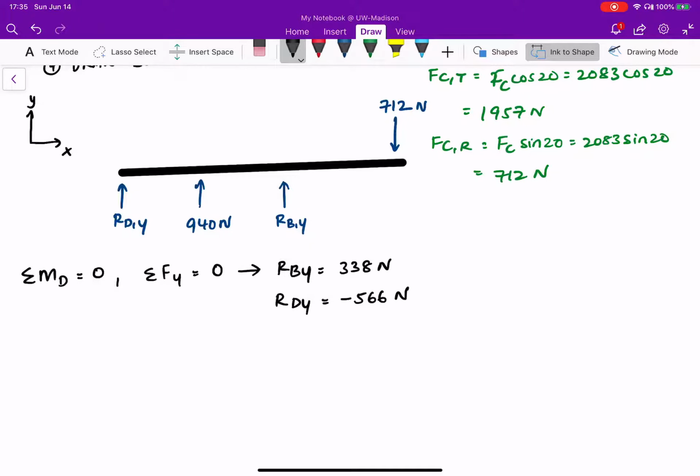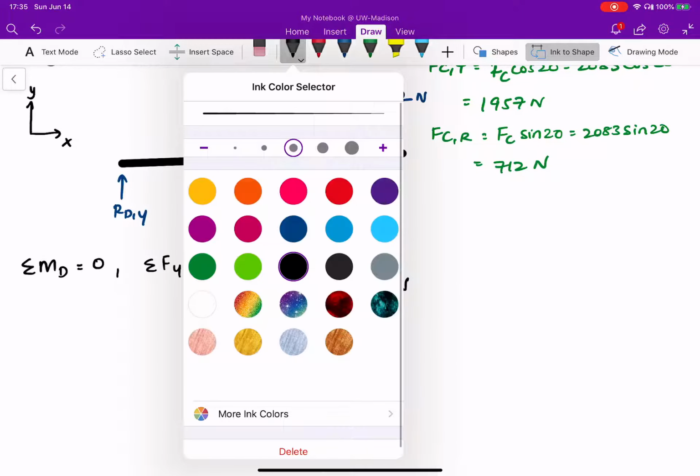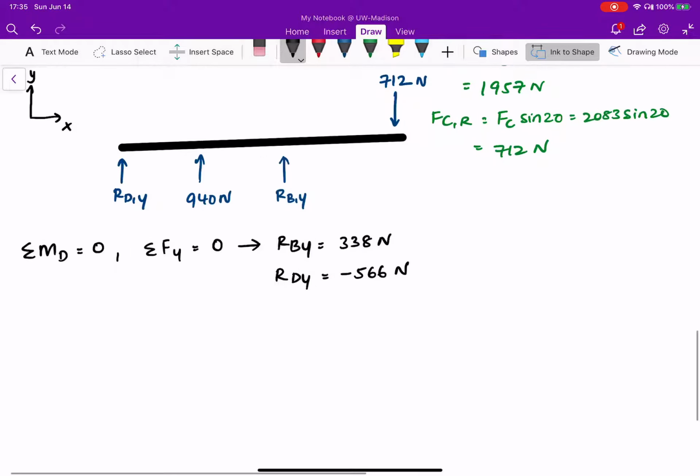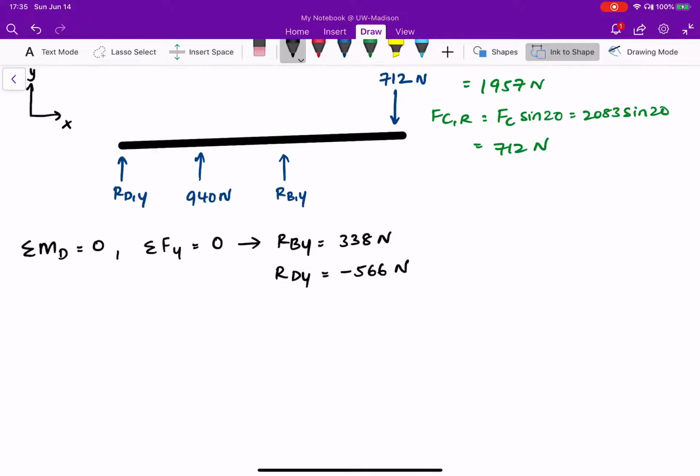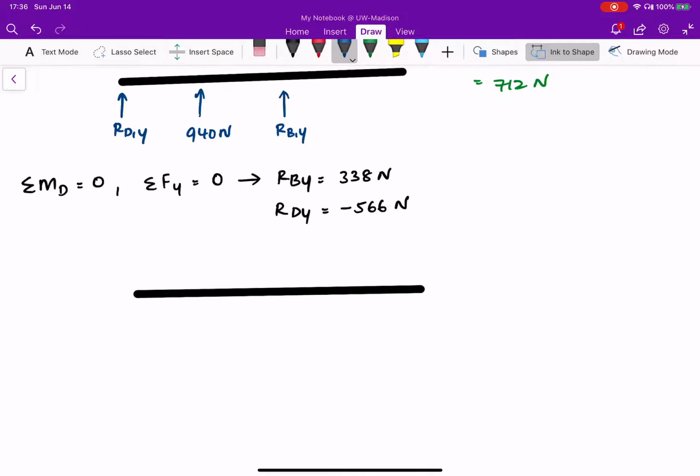So now I can redraw the free body diagram. Again, this is in the XY direction. I have 566. This is my positive Y, this is my X, and then I have 940.